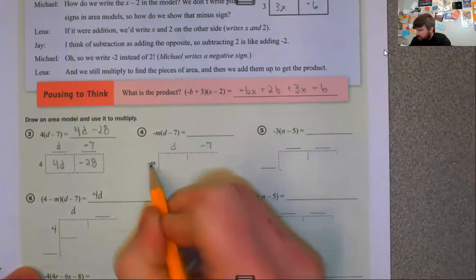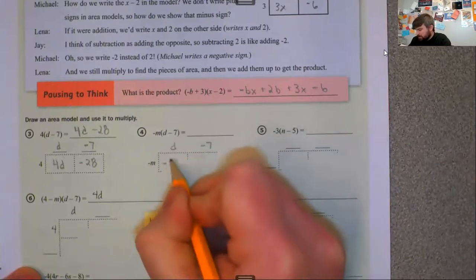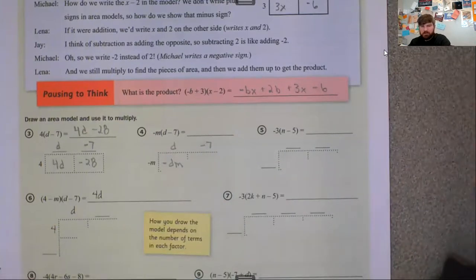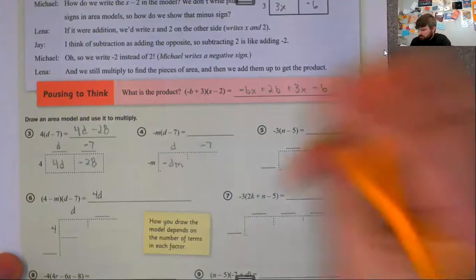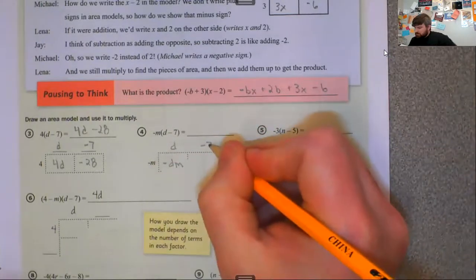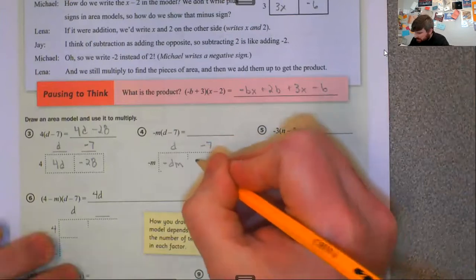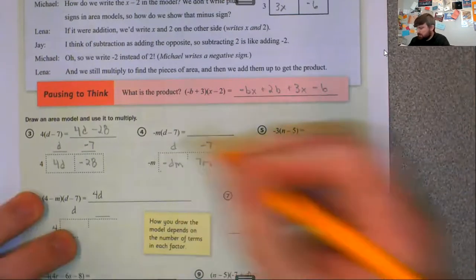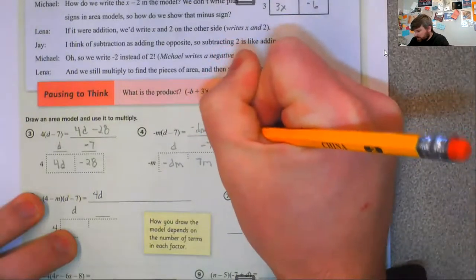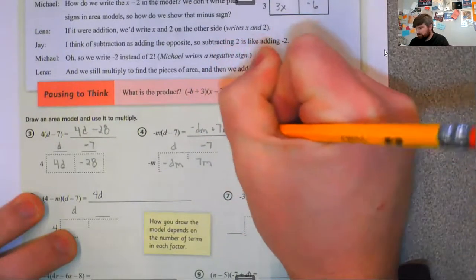Okay, -m times d is -dm. I always just put mine in alphabetical order, or try to at least. It doesn't matter which order you put these in. So -m times -7 is 7m, because a negative times a negative is a positive. So you have -dm plus 7m.